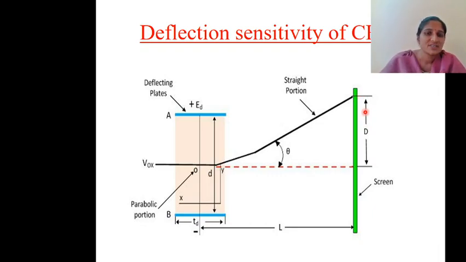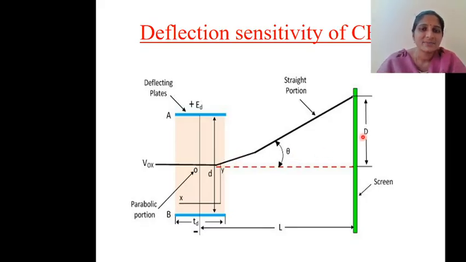Now, to derive this deflection sensitivity, you need to first find v_ox, and next the acceleration, velocity and time. Then by substituting all these, first you need to find the y equation, which will be a parabola. This equation is y equal to half a t squared, which you need to substitute. By differentiating that y, you will be getting tan theta.